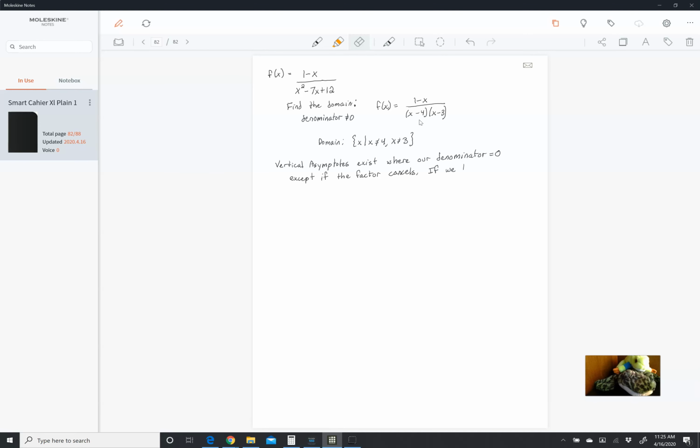If we have a factor that cancels, then we have a hole in the graph.